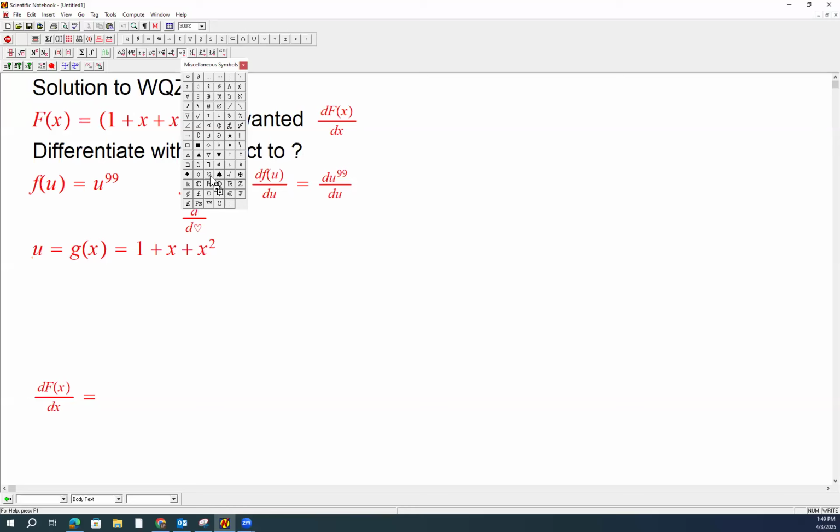Because we're talking about the power rule, the derivative of heart to the power of n equals n times heart to the power n minus 1. Get your index card with you. So we must honor the consistency.